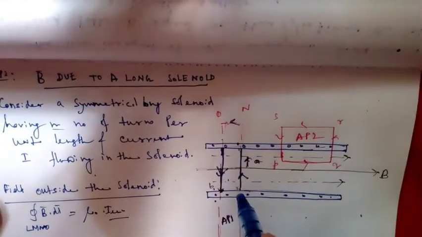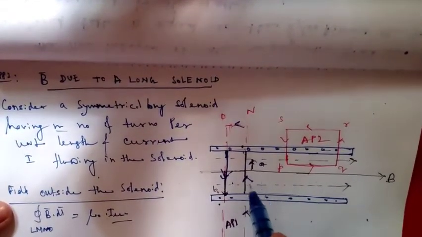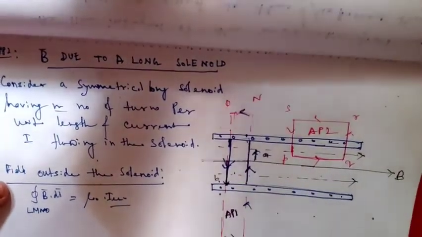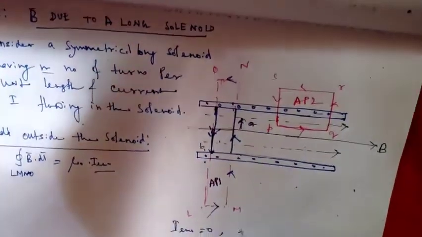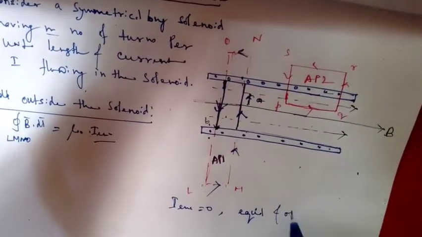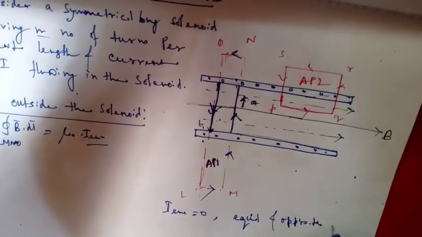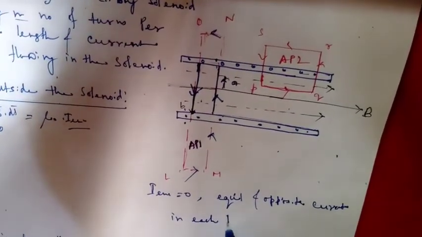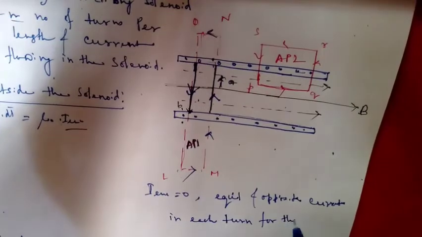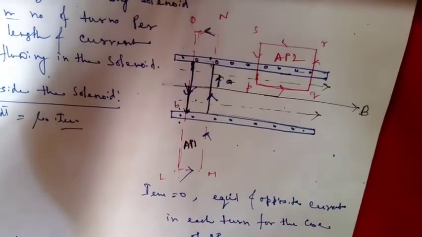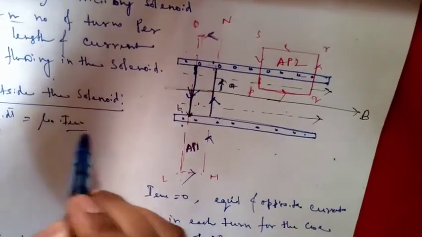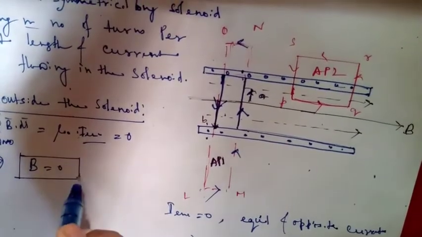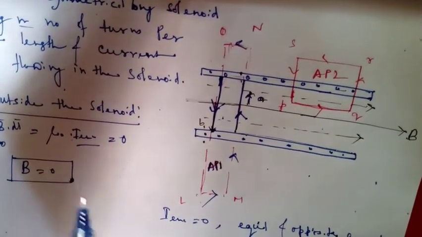So the total current enclosed by this path is 0, because there is equal and opposite current in each turn for the case of AP1. That's why mu 0 into I enclosed equals 0. From this we can write B equals 0. So the magnetic field is 0 outside the solenoid.